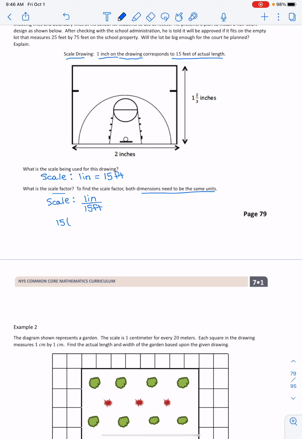We're going to multiply those feet by 12 inches because there's 12 inches in every foot, and that multiplied together is 180 inches. So now it's 1 inch over 180 inches. Now we can drop the inches because they are the same. That can't be simplified. So our final step is to say our scale factor is 1 over 180. And that's our answer.